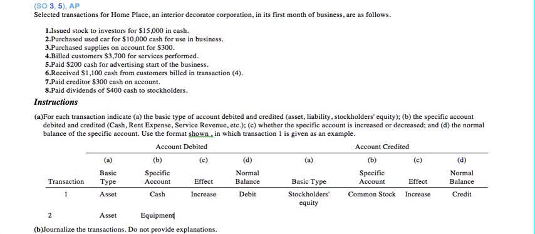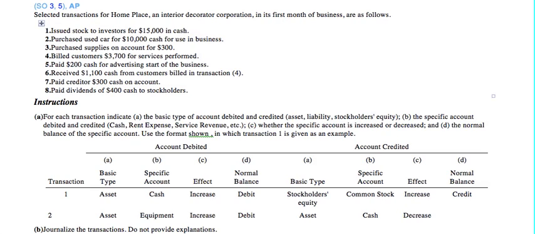I will put equipment. The effect is an increase on equipment, and the normal balance for an asset is a debit. The other type is also an asset. The specific account is cash. The effect is a decrease, but it asks for our normal balance, so our normal balance is a debit.